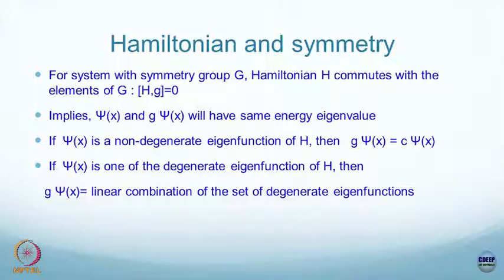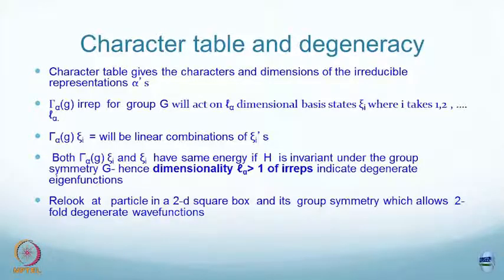How do I see it in this irrep language? If it was degenerate, then G of psi of x will be a linear combination of the set of degenerate eigenfunctions. This is known in quantum mechanics. Now, in the irrep language, look at the character table.